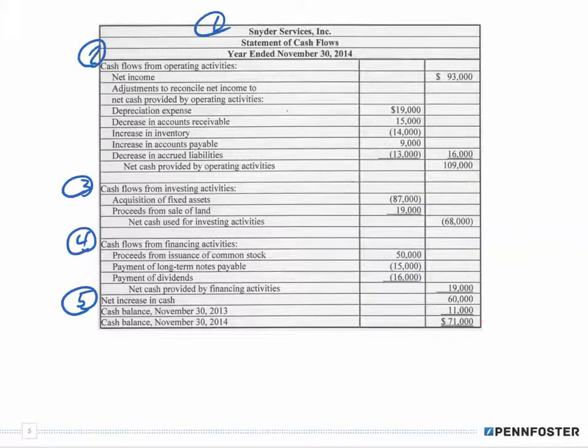The 109,000 was the cash provided by operating activities, and yes, you should have a positive cash flow there, so that was a good thing. And then they said we're spending $68,000 on investing activities, pumping it back into the business, which is fine, because our free cash flow still had $22,000 left over.